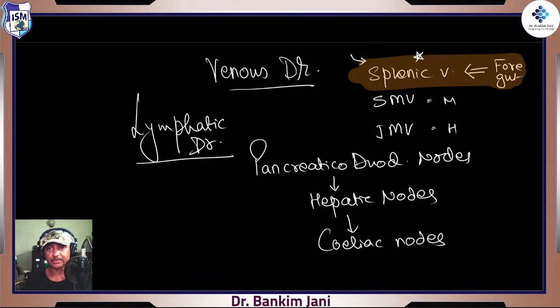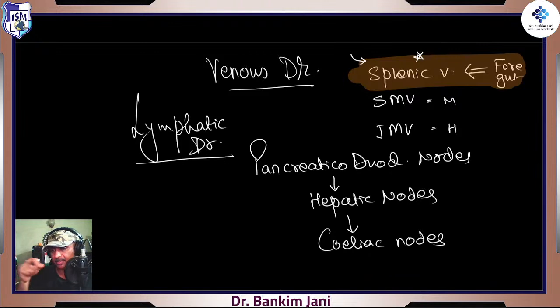Now, technically speaking, you might feel like why such things, this order, have to be remembered. It is important when you learn about metastasis and all those carcinomas, because that's how they spread, through the lymphatic spread.